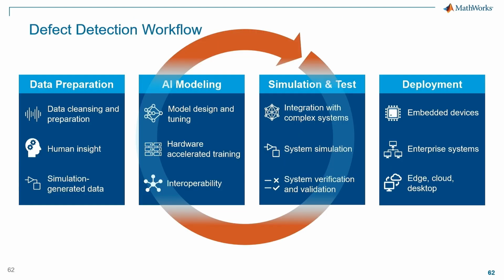So basically you can deploy it to different platforms. That's what I'm talking about today. So that's a deep learning workflow that's iterative. MATLAB really shines at data preparation and deployment, as well as the iterative design of your deep learning algorithm, and also interoperability with Python or other frameworks.